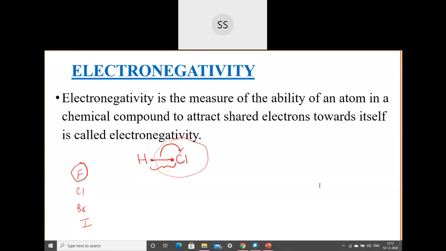Suppose we are comparing with a halogen. I will give one comparison. You are saying in the 2p orbital there are 4 electrons. Now I will compare this with the halogen atom. Halogen atom has the configuration 2p5.